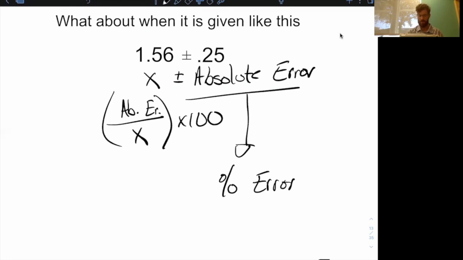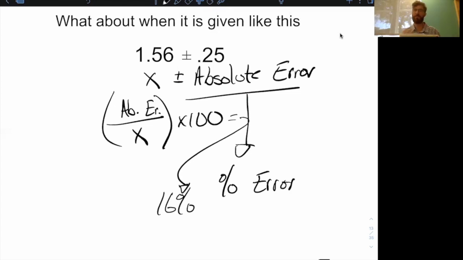If you take the answer to this, that is going to give you percent uncertainty. So in this case, if I have a 0.25 error and I have measured something that's 1.56, I get a percent error value of 16.